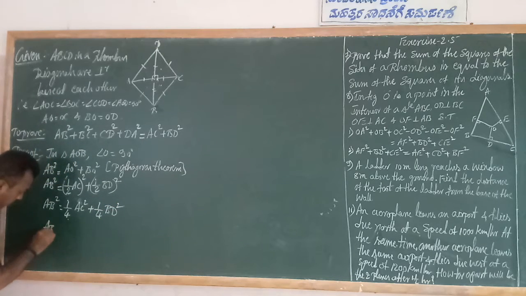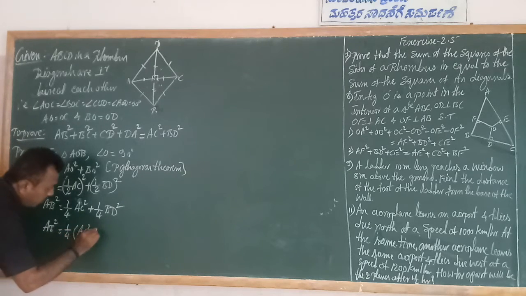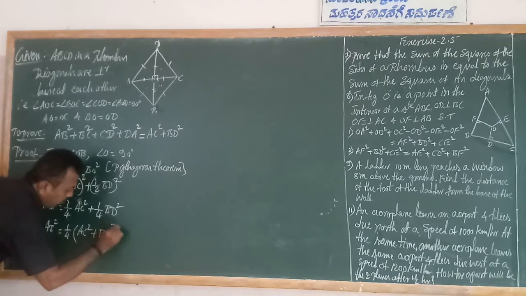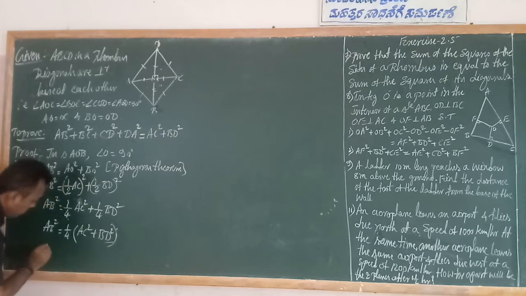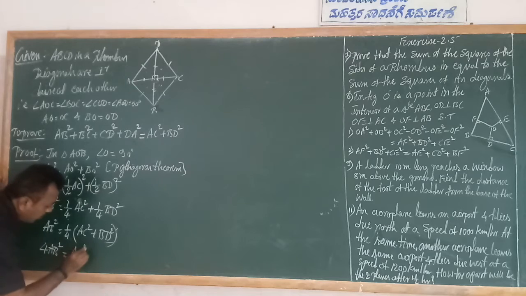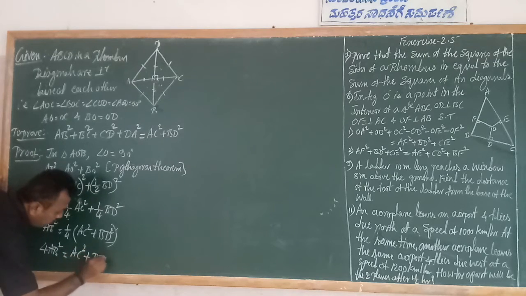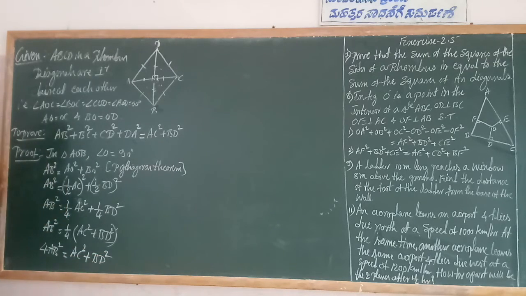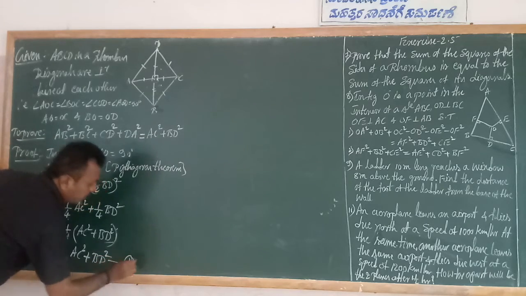Now AB square is equal to, taking out the common factor 1 by 4, AC square plus BD square. Now we cross multiply, so 4AB square is equal to AC square plus BD square. Please call this number 1.